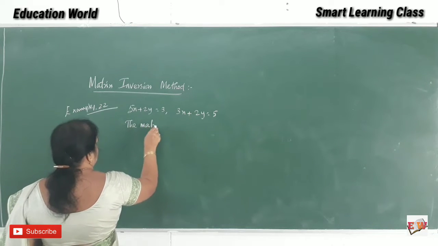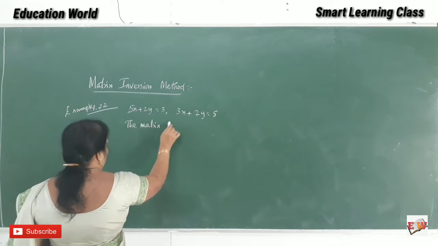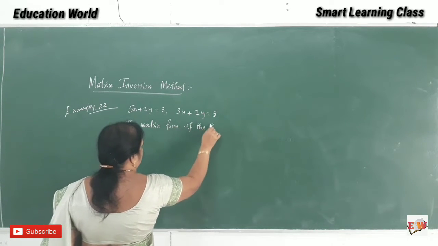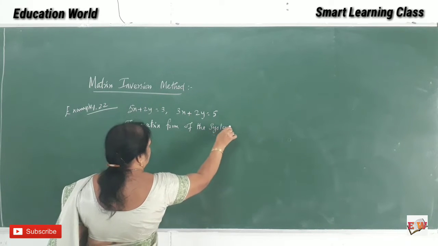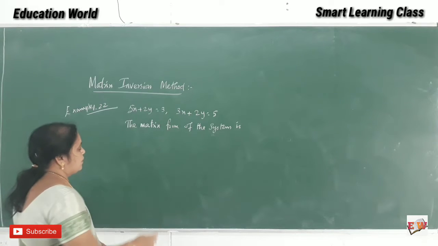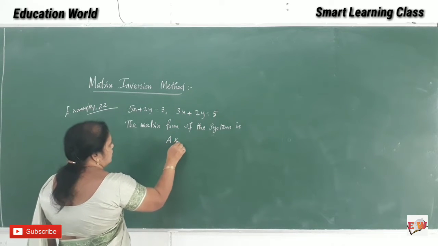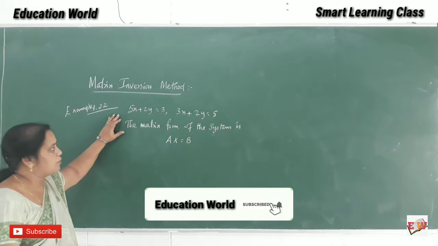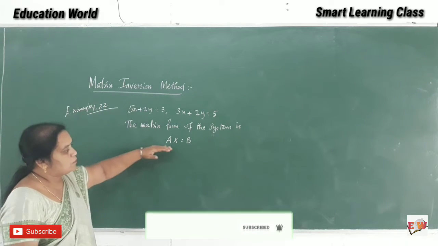The matrix form of the system is Ax is equal to B. We have a linear equation and we have to change it to this form.